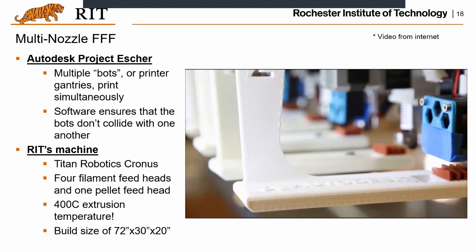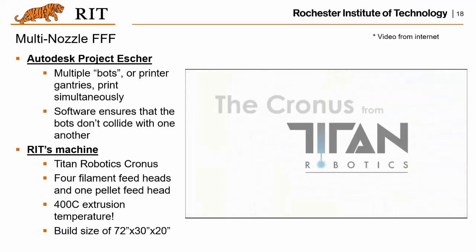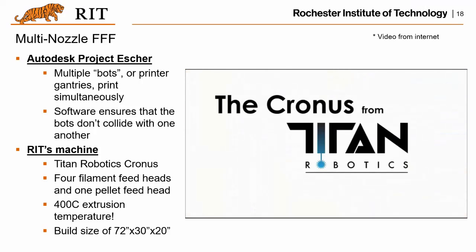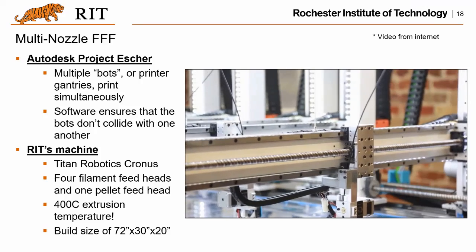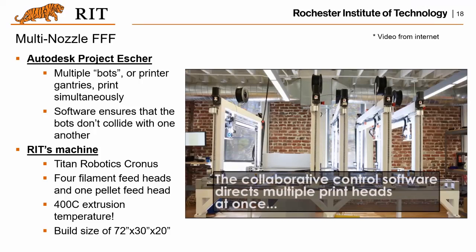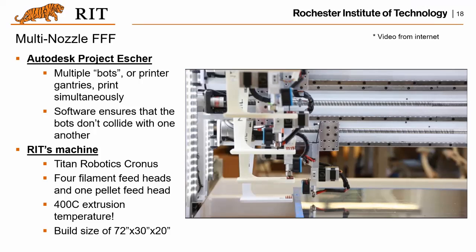But the problem is also obvious. That is how you plan the motion of different nozzles. That's quite challenging. So for the part shown in this video, which is a boat model, that's still simple.